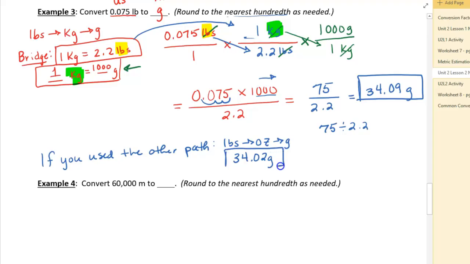So notice they're not far apart if we compare this answer to this answer. And I would take either of those as acceptable answers because there's no way to know which path I'm going to take. You may take a different one.